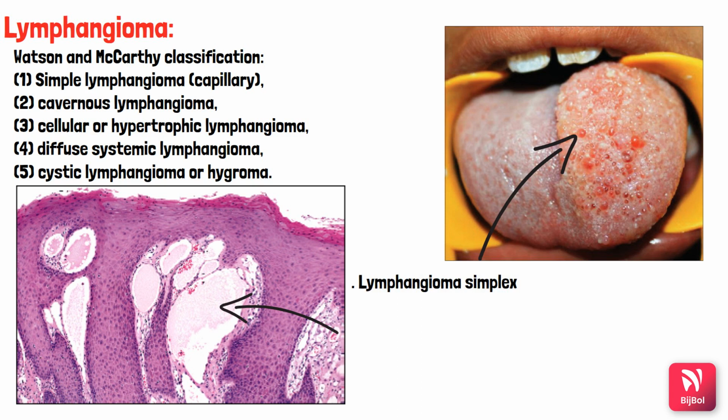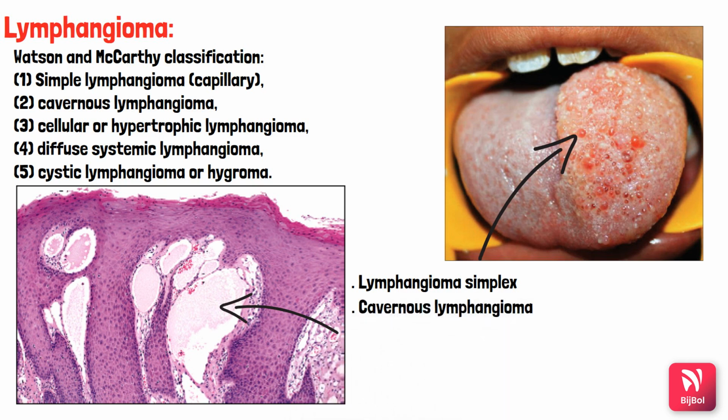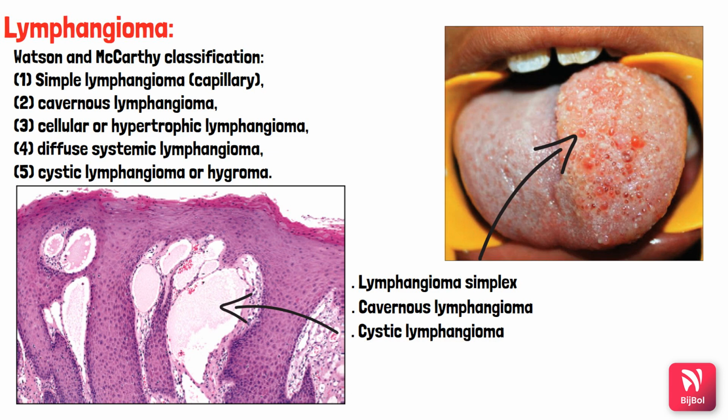Under histopathology of lymphangioma, you have variants like lymphangioma simplex. It resembles our capillary hemangioma. Okay, so next is cavernous lymphangioma where it contains dilated lymphatic vessels. Okay, same like cavernous hemangioma. Next one is cystic lymphangioma. So here it consists of huge macroscopic lymphatic spaces.